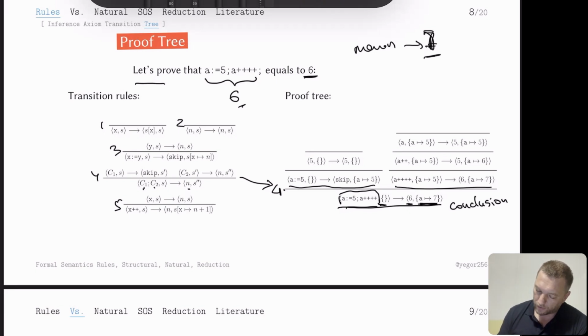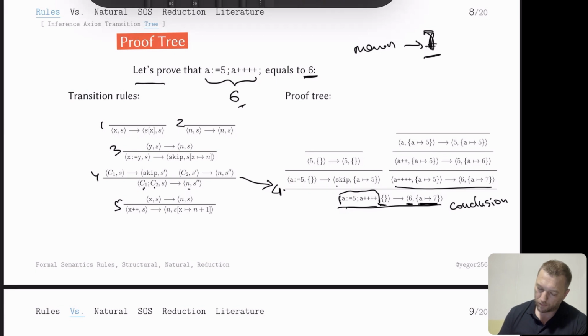A equals 5 with an empty memory can be transmitted to skip, like nothing. We just remove this command, so we eat it, and we don't do any processing, and we save A to memory as 5. A equals 5, and this is probably wrong because this is not skip.